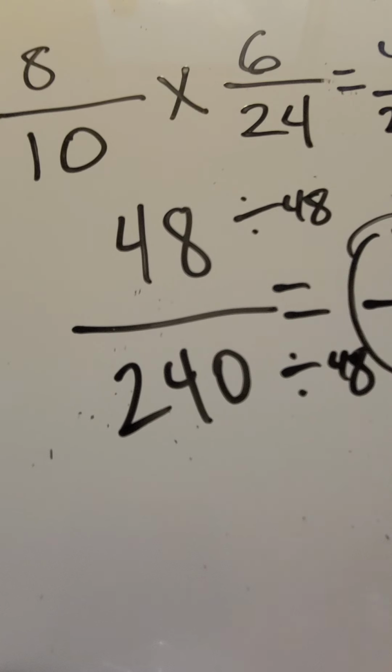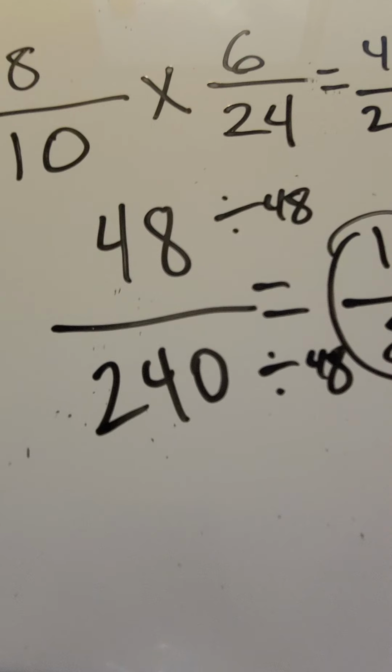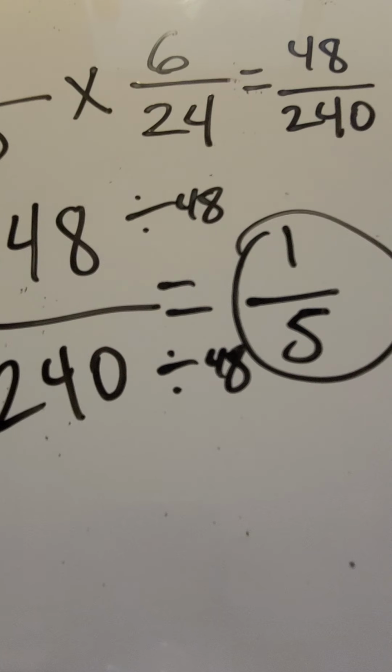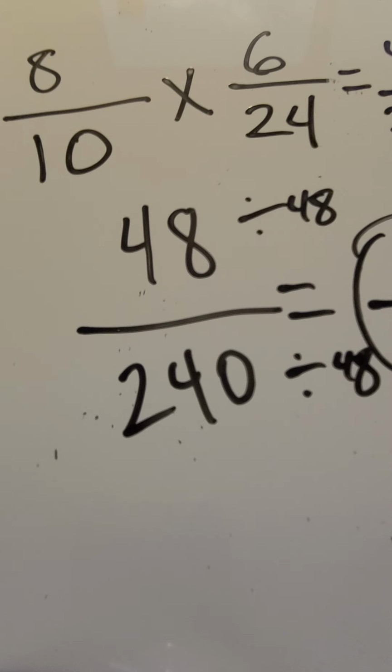Okay, so when multiplying fractions, you simply want to multiply the numerators to get your new numerator, and multiply the denominators to get your new denominator. Shortcuts we use: we find the greatest common factors. We can simplify the fractions. We can cross simplify as well.